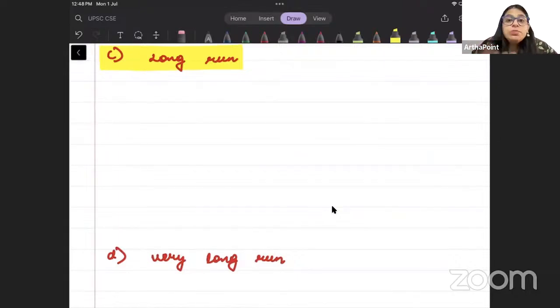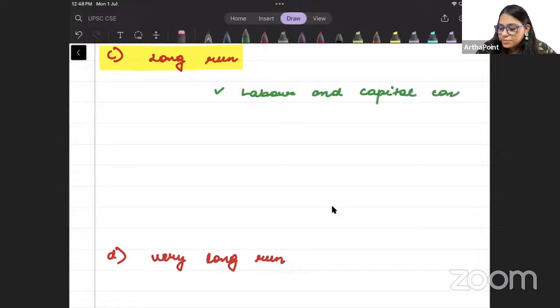Technology is assumed to be constant or unchanged. Labor and capital can be fluctuated, or I can say that all inputs are variable inputs.